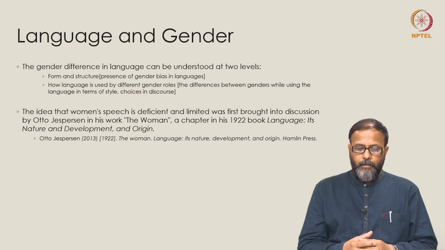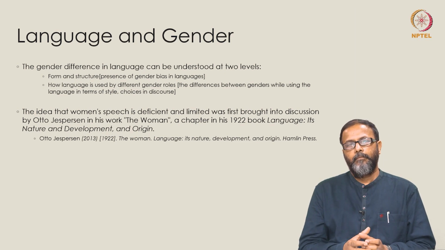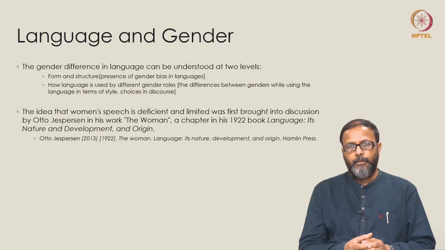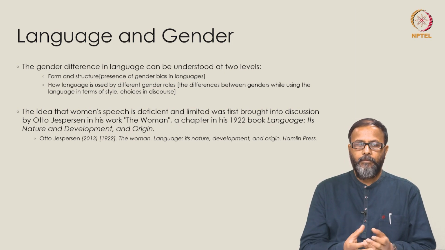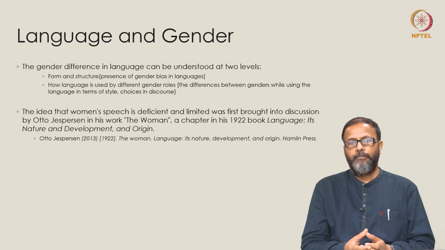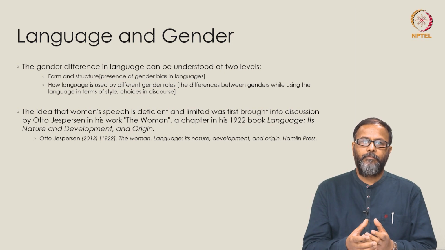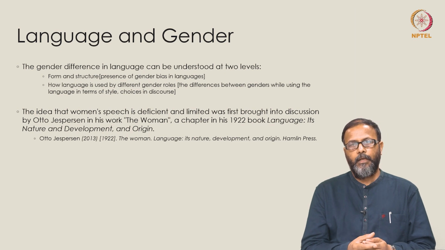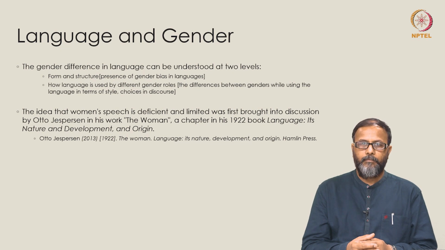This idea that women's language is deficient and restricted reflects the social structure of the time. And we all know that post 60s and 70s, we see a rise in demands and struggle for women's empowerment, and it has changed lots of expressions in language as well. It has been reflected and represented in the language.